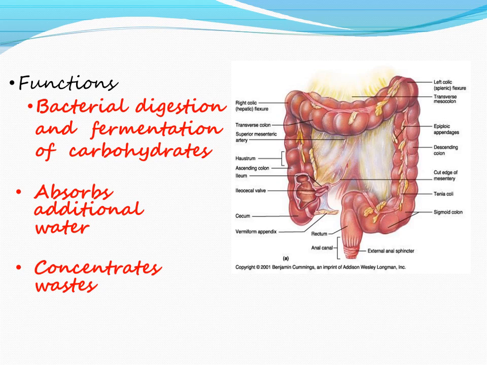The bacterial digestion and fermentation of carbohydrates takes place here. The absorption of additional water also takes place in the large intestine. And it is in the large intestine that the concentration of the wastes takes place to the maximum.